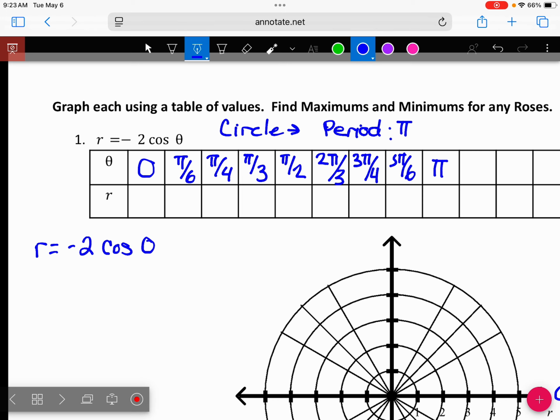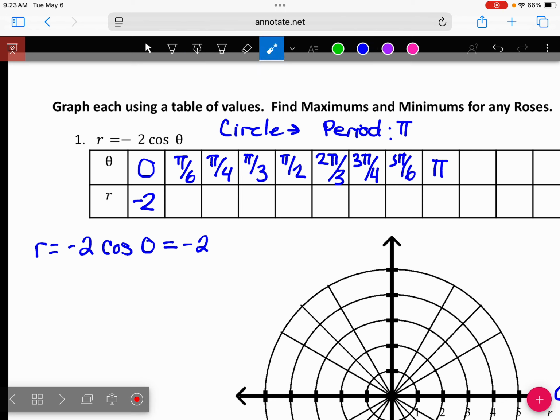We graph things, we need lengths. So what is cosine of 0? Cosine of 0 is 1, which means -2 times 1 is -2.